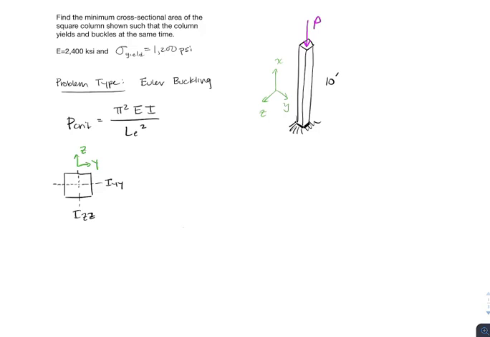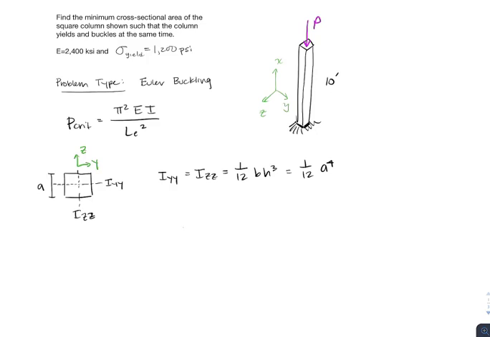In this case, we'll call this distance A, which is the same on all sides. So if we use that variable A and solve for what IYY is, which is equal to IZZ, that's just 1/12 BH cubed, and when you plug in A, it ends up just being 1/12 A to the fourth.